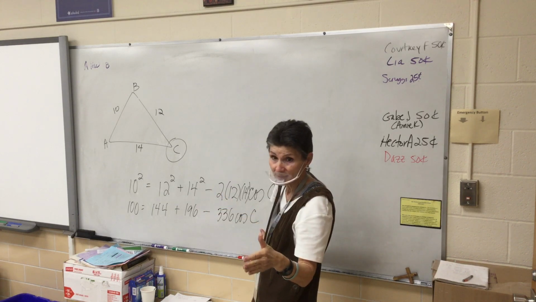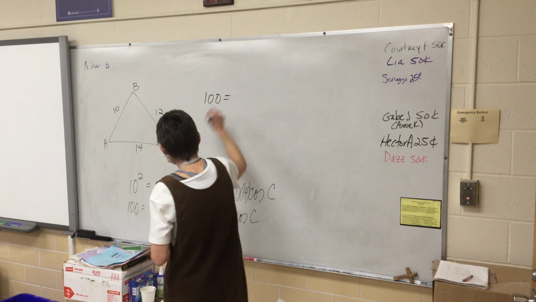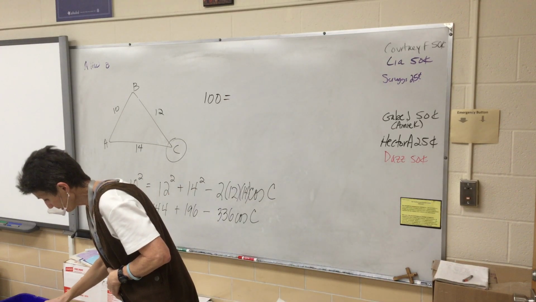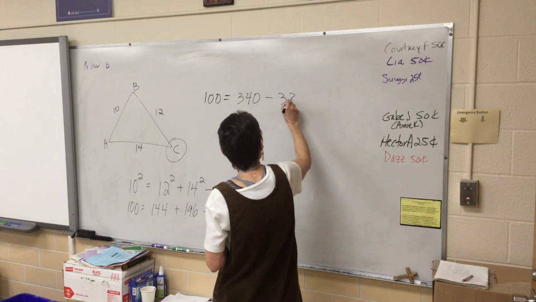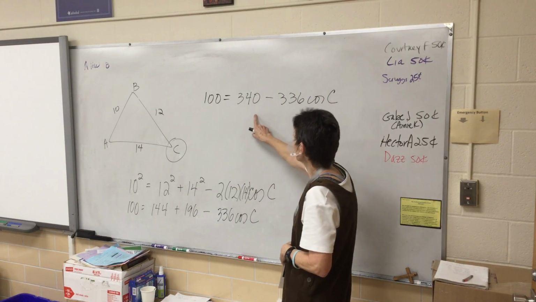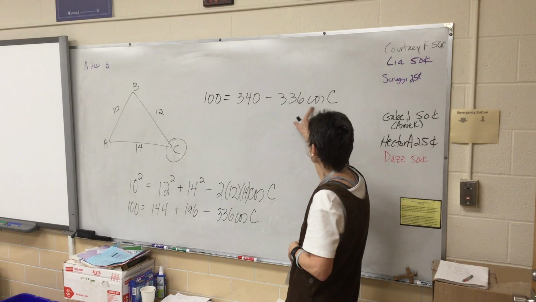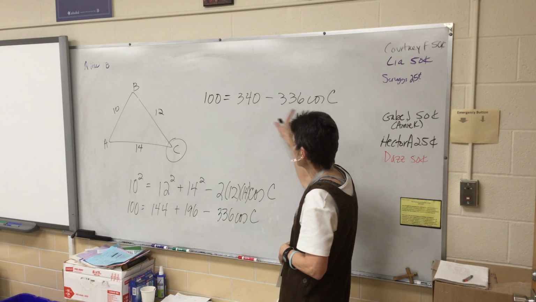That makes it different. Now we can go ahead and add those. So we have 100 equal to 340 minus 336 cosine C. Do not subtract these. This is like 336x, and this doesn't have an x, so they can't be subtracted.